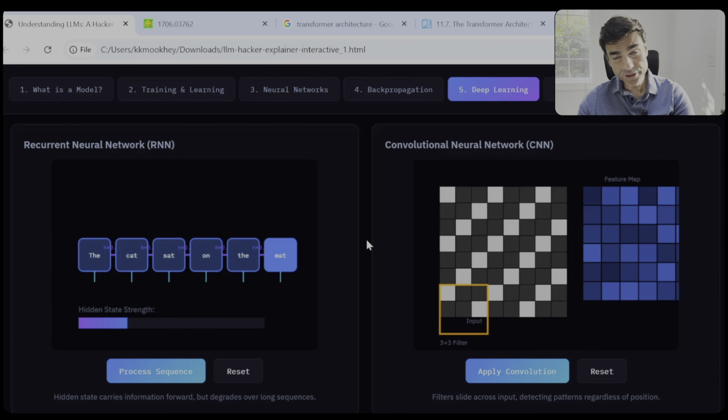Now we're getting closer to large language models, which operate on what's called a transformer architecture. But before that, let's look very briefly at architectures that were tried earlier but didn't work as well for text. So we had recurrent neural networks. The key issue with human text is that every word carries a link to the words that come before and the words that come after.